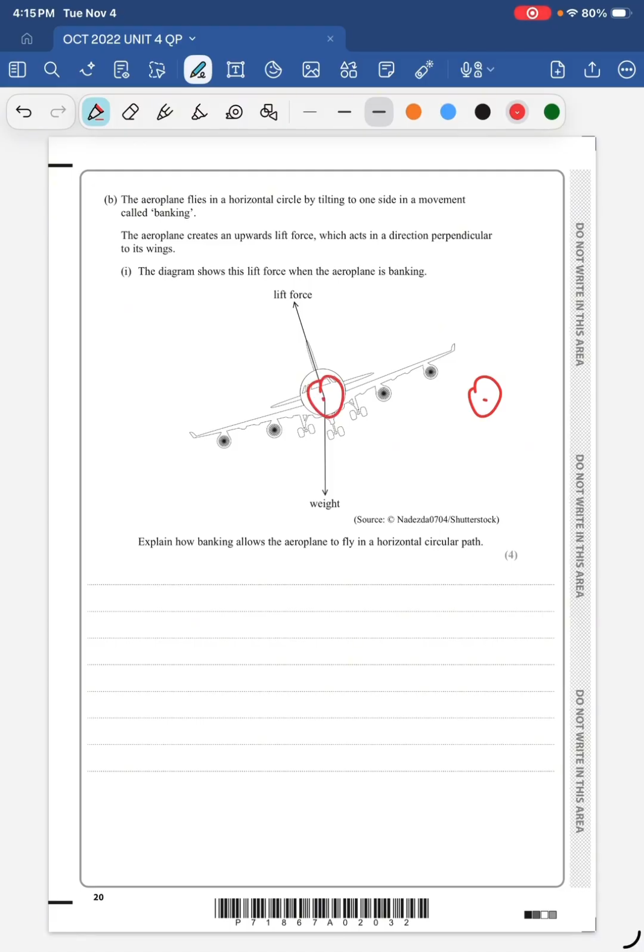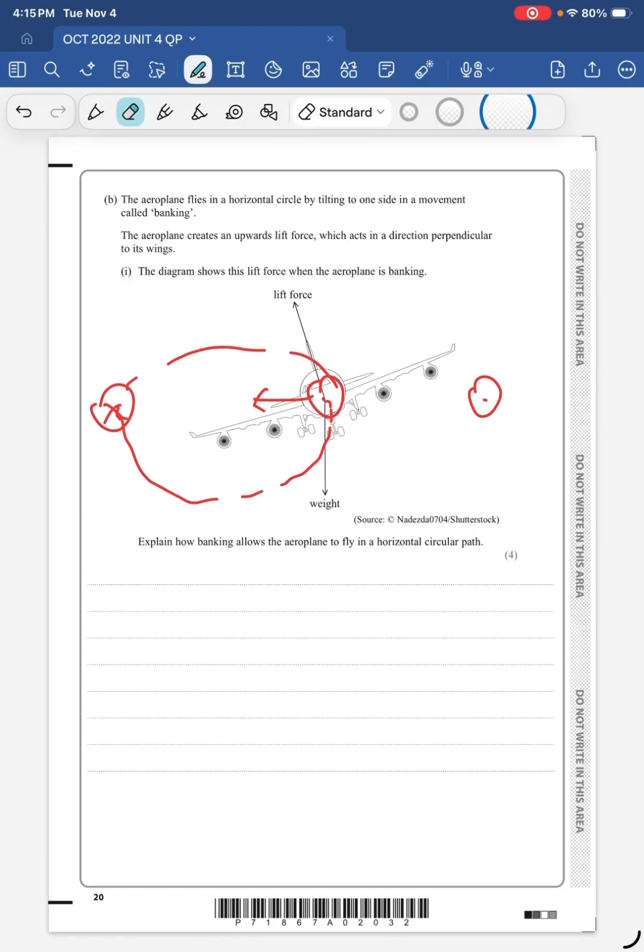On here, the plane comes out of the page, and here it goes into the page, and then there is a circle connecting this motion. So I'm pretty much trying to say that there must be a resultant force to the left of the plane, which will allow it to undergo a circular motion, with the plane coming out of the page and towards us, and then going in a circle around the page and then into the page, something like that.